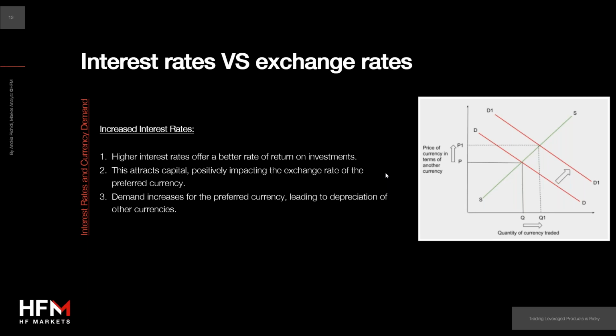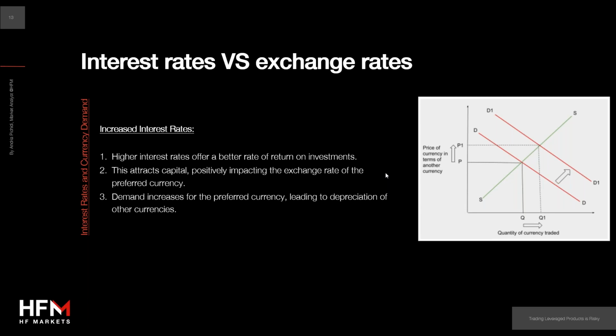Something that positively impacts its exchange rate, exactly with the example that we gave earlier in regards to the euro and Europe and US. So the flow of money will drive demand higher for the preferable currency, while the currency experiencing less demand will depreciate.